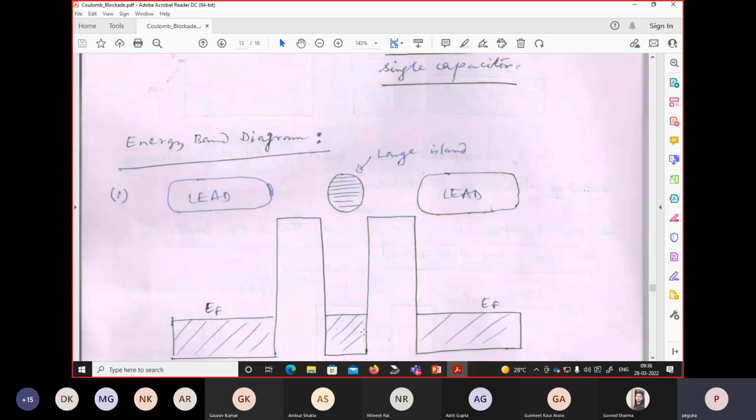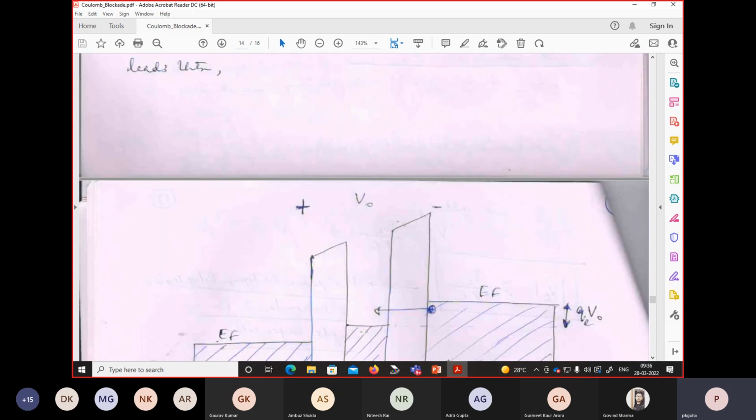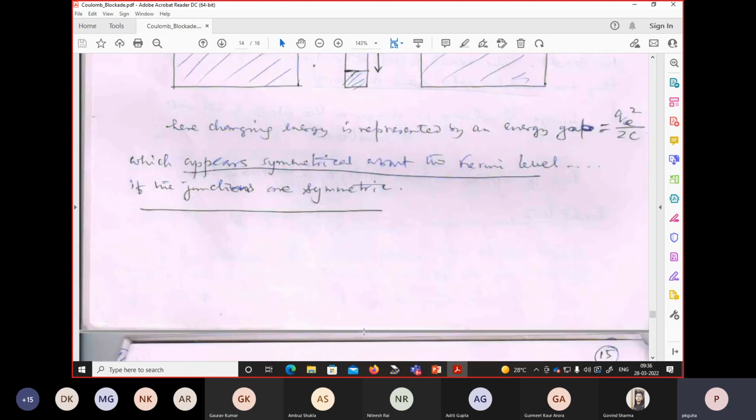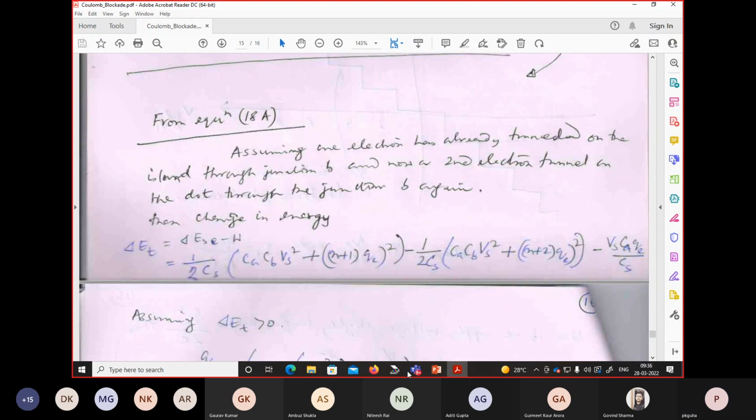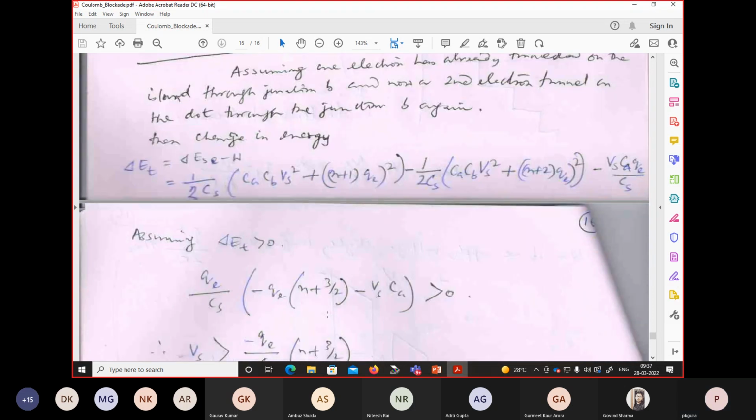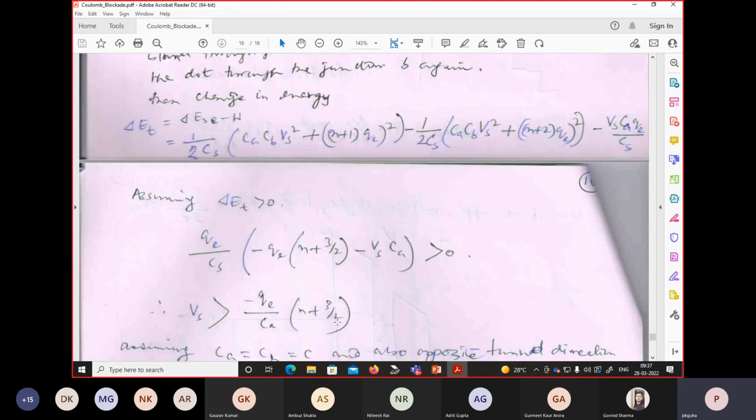Now when we come to the calculation later on, it will not be n plus 1 QE, right? Did you check how it is coming at the end? Surely it is not coming as n plus 3 by 2.